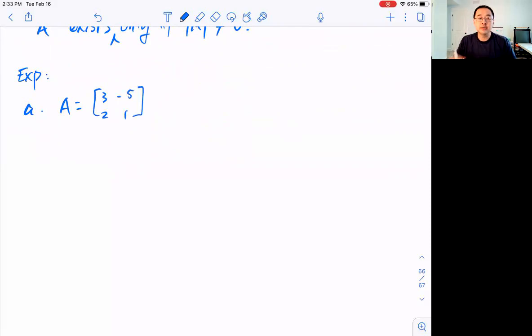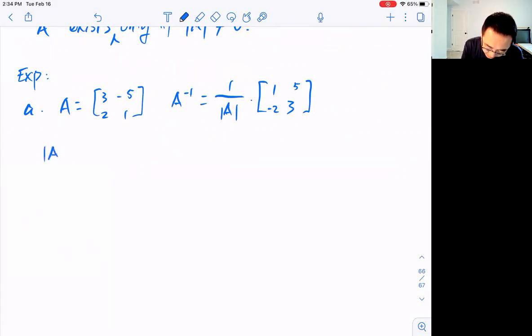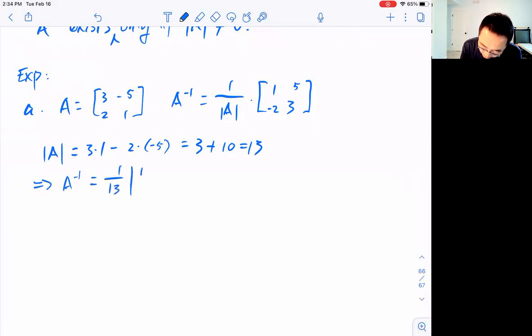Instead of going through what we did previously, augmenting and trying to turn the left side into identity and seeing what the right side is, now you know A inverse equals 1 over the determinant of A times the matrix where you swap the main diagonal elements and turn the other diagonal elements to their negatives. So we just need to find the determinant of A, which is 3 times 1 minus 2 times -5, which is 3 plus 10, which is 13.